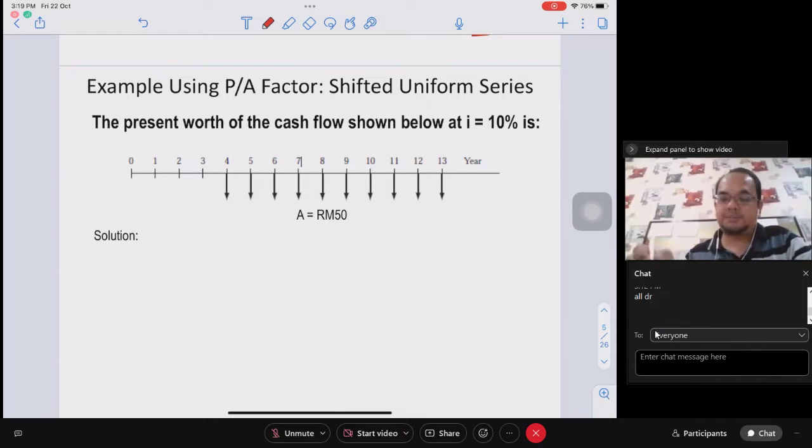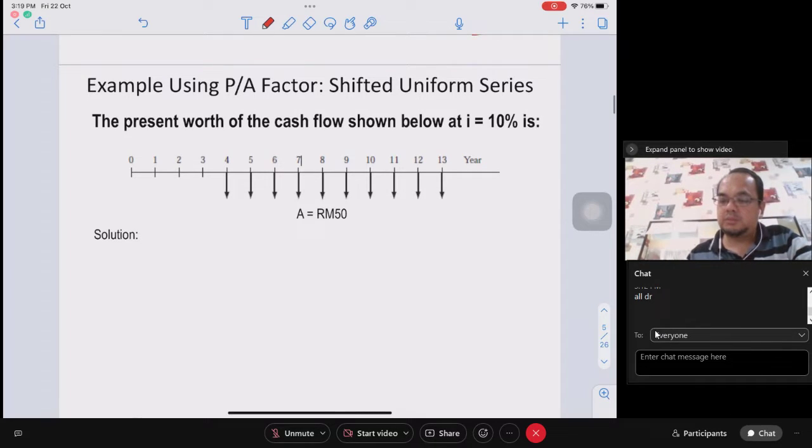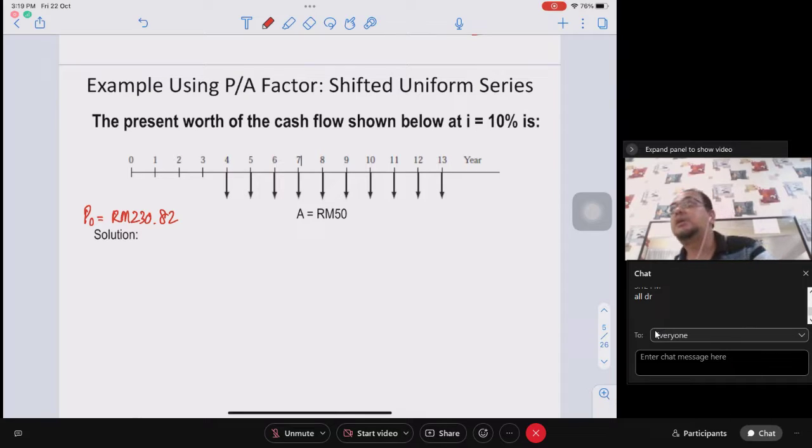The answer is berapa? Berapa tu your stand lah. Dapat? Dapat?